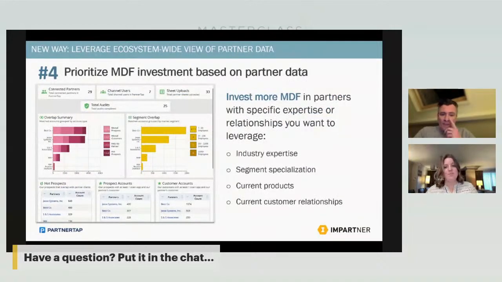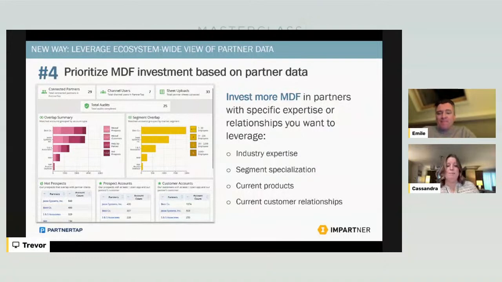So many people on this call are investing millions of dollars in MDF programs so that your partners can go and run these and generate more demand for your joint offerings. Now, with detailed mapped partner data, you can actually prioritize who you're going to give these MDF investments based on the partners that have specific account relationships that you want to leverage, that you know have a high propensity to buy.